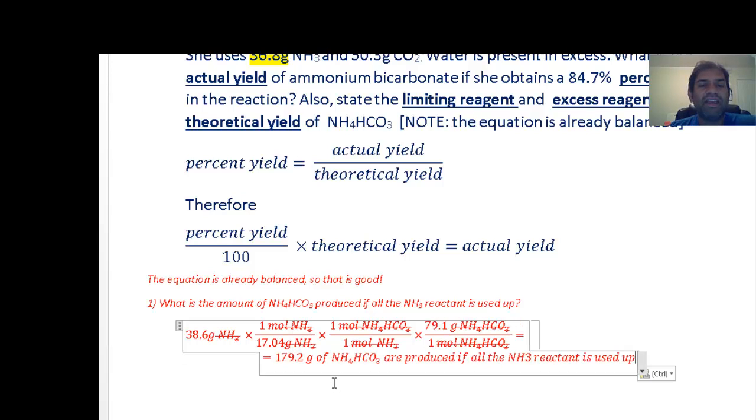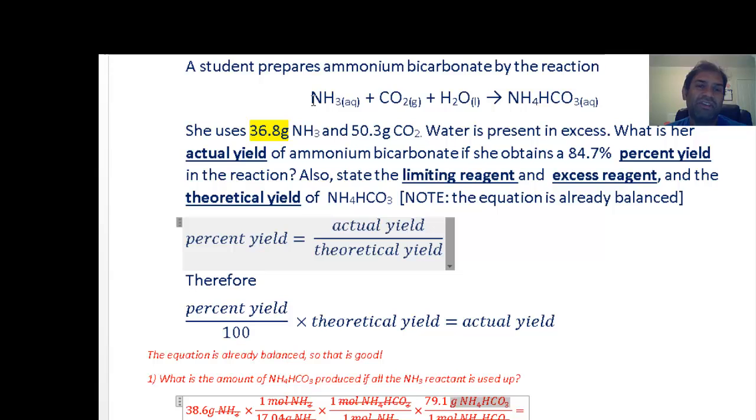Canceling out all my units and putting this in my calculator, I'm getting 179.2 grams of ammonium bicarbonate produced if all of this NH3 is used up.